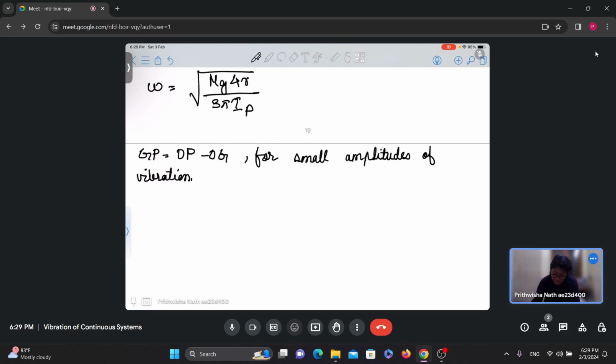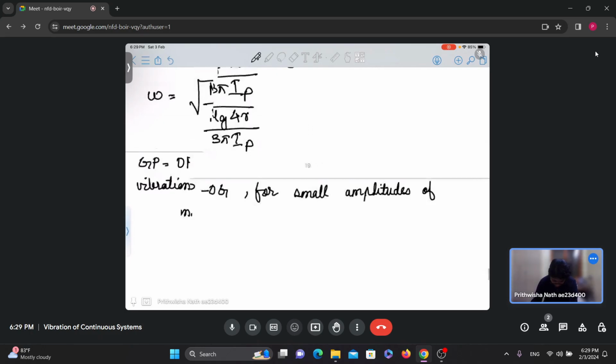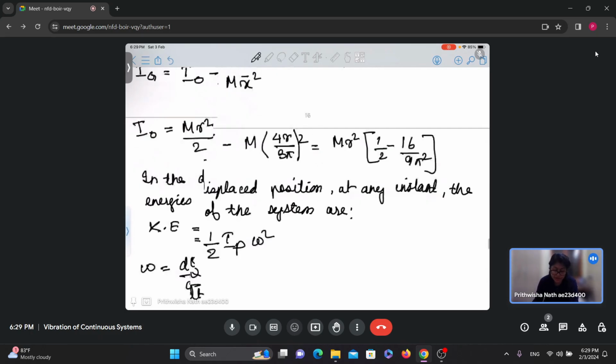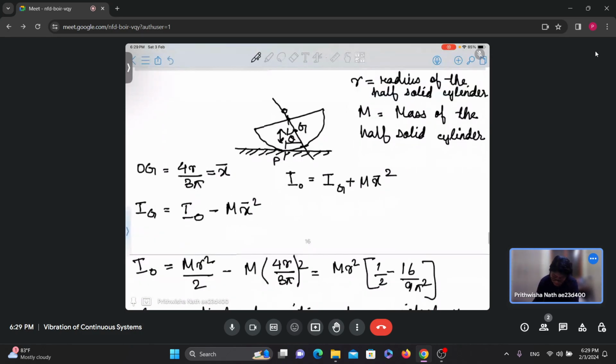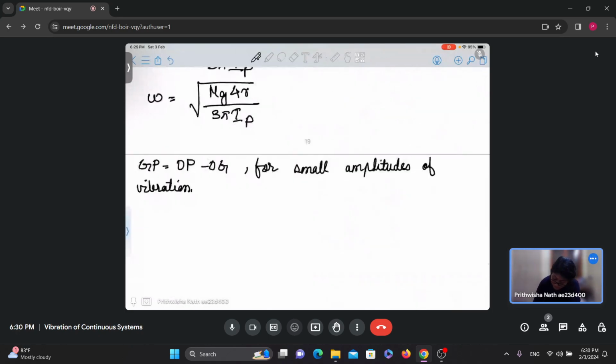From the figure you can see that Ip can be written as Ig plus M into GP square. So Ip equals Ig plus M into GP square.